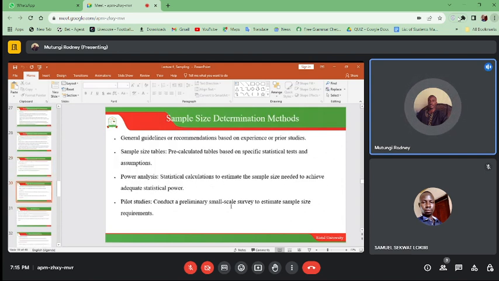In fact, in this case, you can search for Kish-Leslie's formula of sample size determination, and they will give you that formula which you can use to determine your sample size. So the general guidelines based on experience or prior studies can also be used to determine the sample.